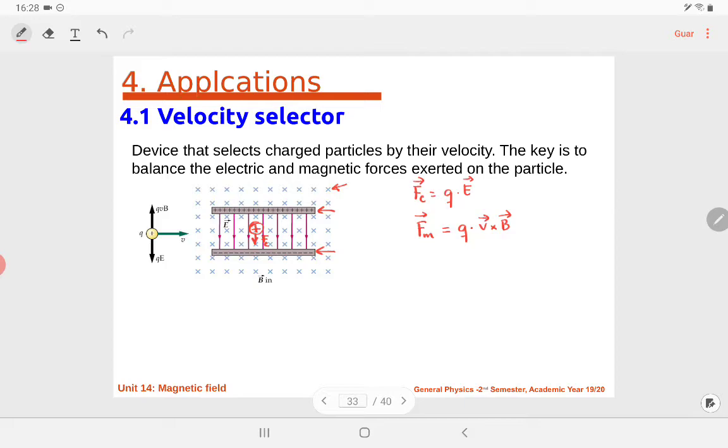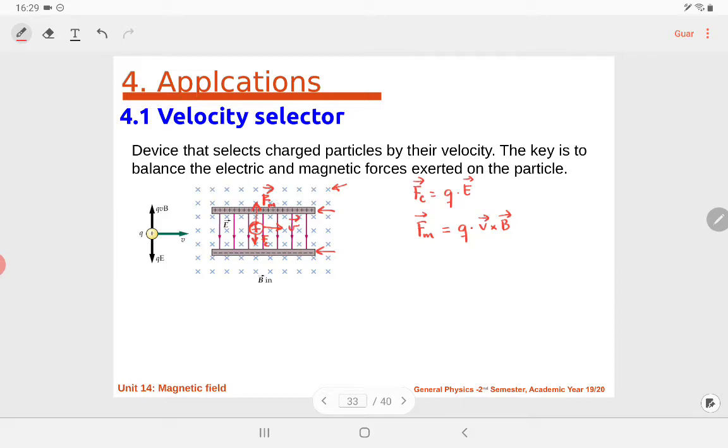We are thinking that the particle is moving towards the right. So you put your index finger towards the right, your middle finger into the screen, and then your thumb is pointing upwards. This is going to be the direction of the magnetic force.